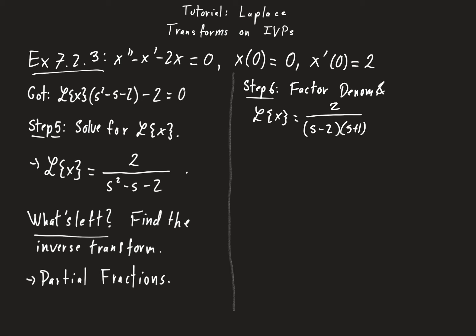Once you factor the denominator, you can set up the partial fraction decomposition. And we'll see here that this is going to be equal to a divided by s minus 2 plus b divided by s plus 1.